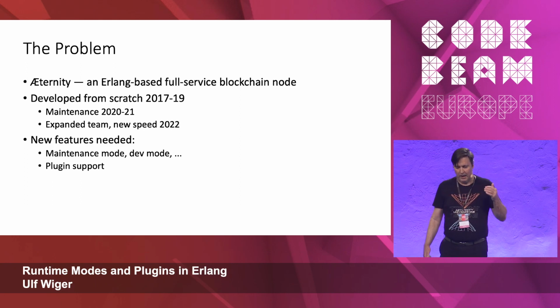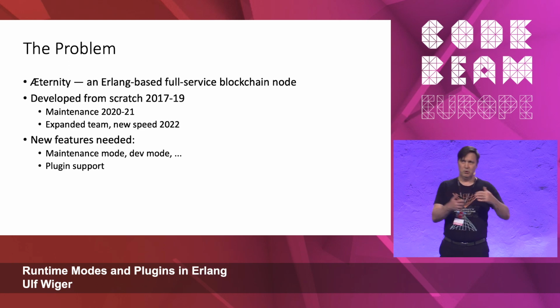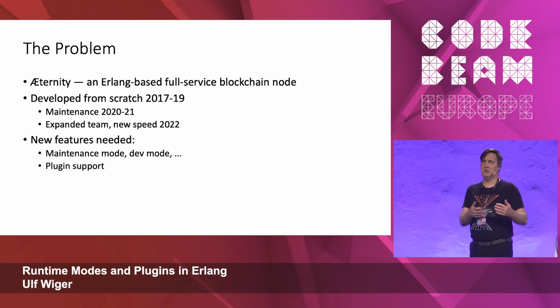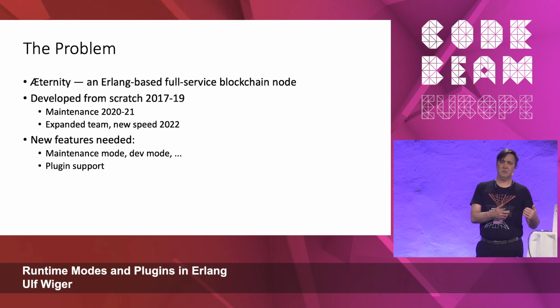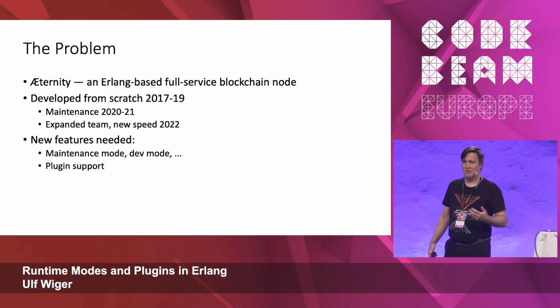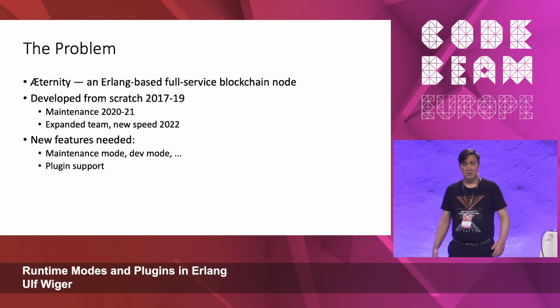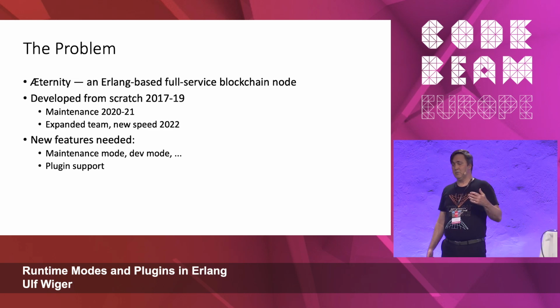But of course, when you roll back the chain, essentially deleting a bunch of stuff from the database, it would be nice to turn off sync and transaction processing during that time. Otherwise, the system is likely to crash. So we wanted to implement a maintenance mode.